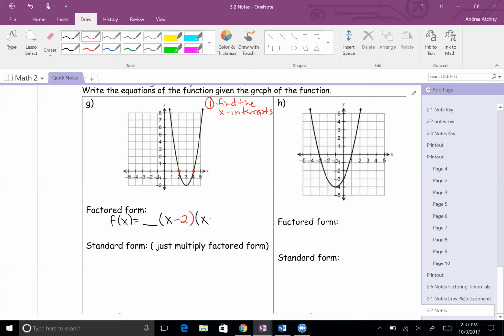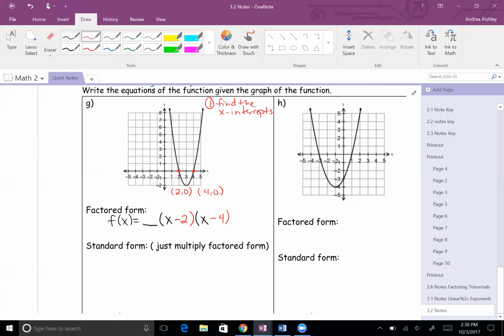And I need to change the 4 as well to -4. My ordered pairs were 2 and 0 for my x-intercepts and 4 and 0. So when I plug them back into the factored form, it needs to have the signs changed. Any questions over that?